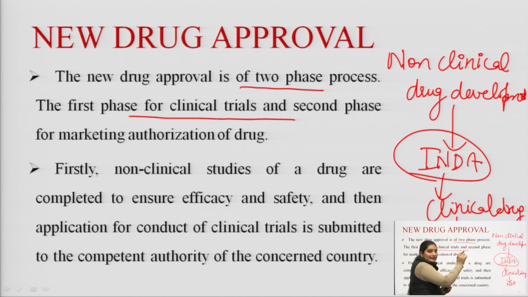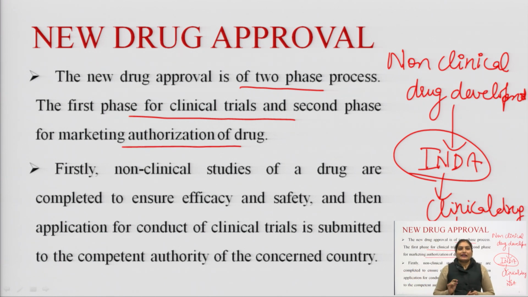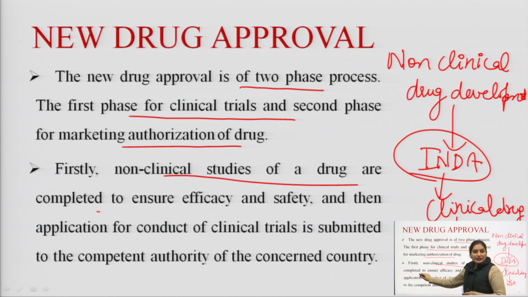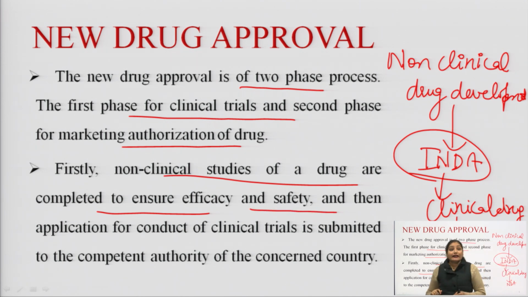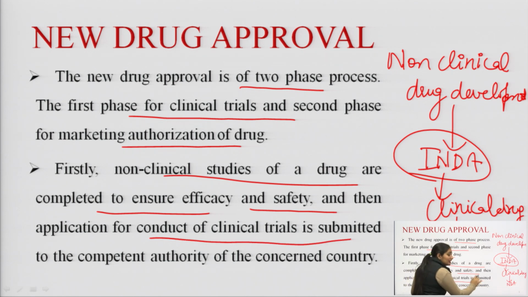Okay. So, this new drug approval process is a 2-phase process. The first phase is clinical trial and the second phase is marketing authorization of the drug. Okay. So, firstly non-clinical studies of the drug are completed to ensure the efficacy and safety, and after this the application to conduct the clinical trial is submitted to the competent authority of the concerned country.